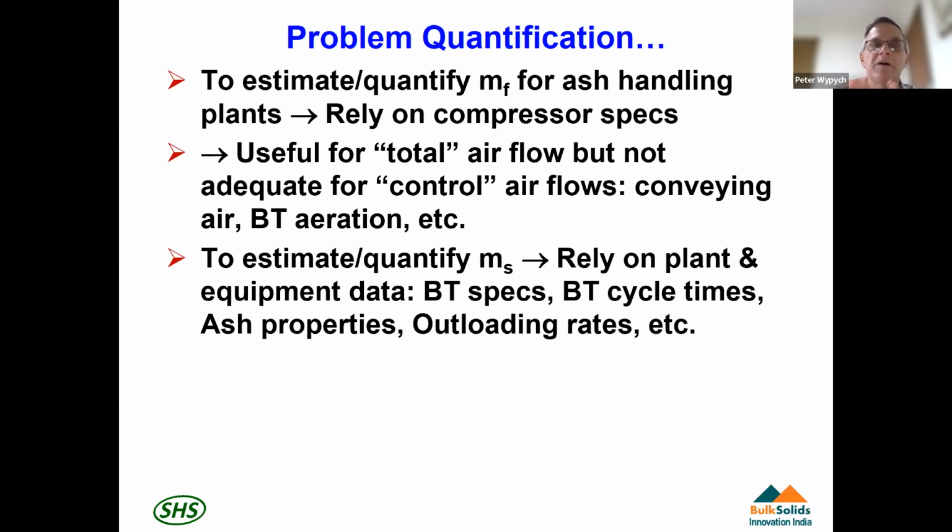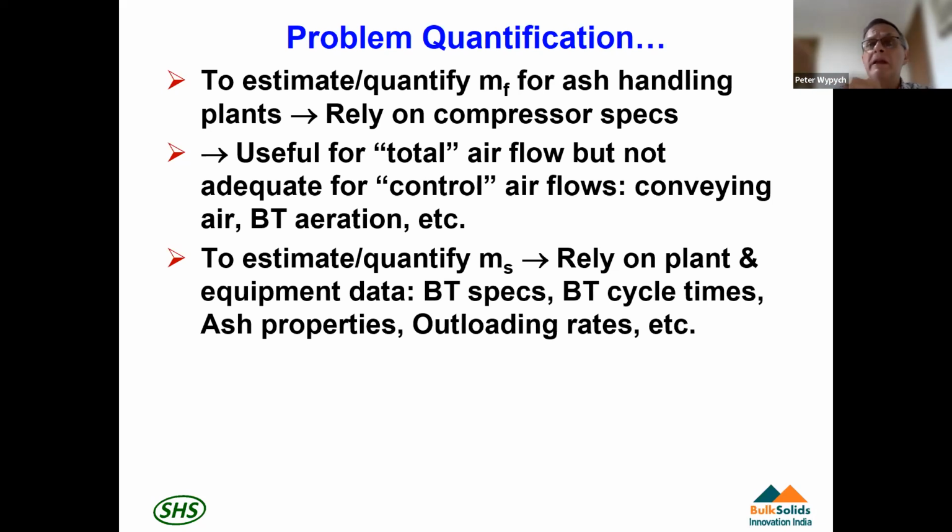So to quantify and estimate your tonnage through the pipeline, we have to rely on plant information, equipment data, and so forth. We look at the blow tank volume, the dimensions, the cycle times. We look at the ash properties, bulk density and those sorts of things. And the only area usually in a plant where we can get some idea of system capacity is perhaps on the outloading rates, how much goes out in trucks or train or slurry pump or whatever.